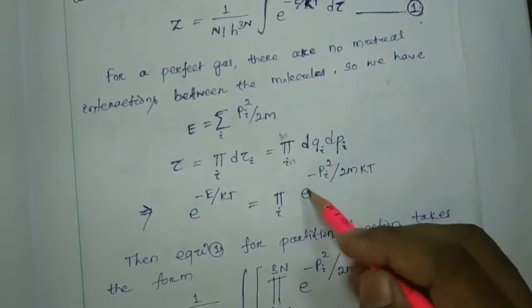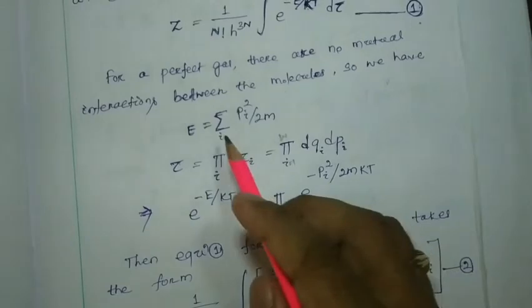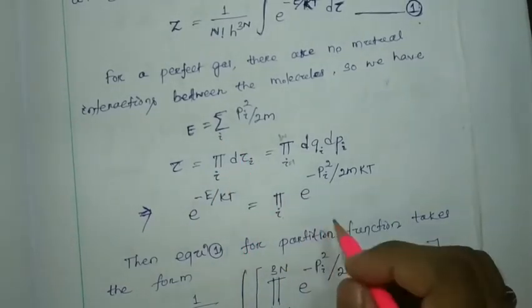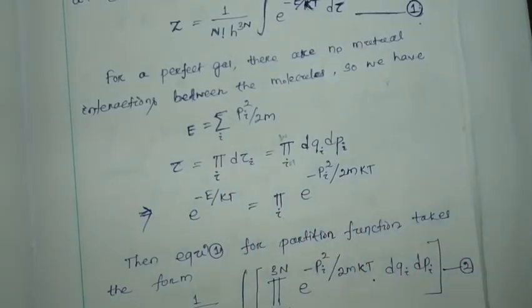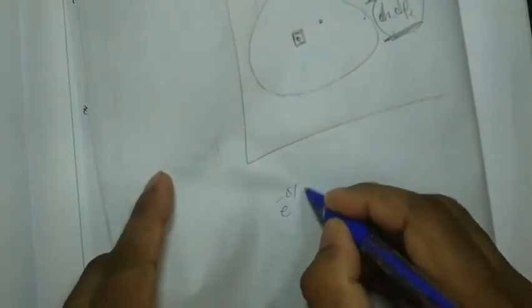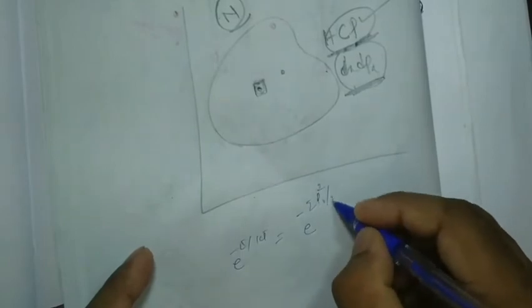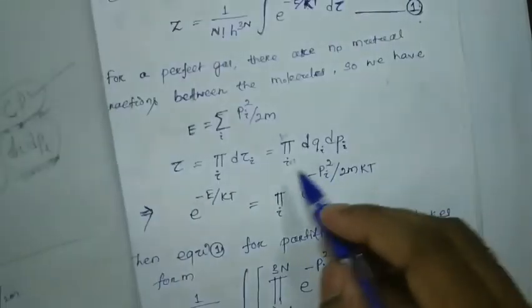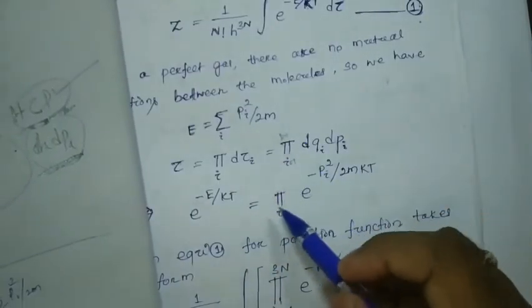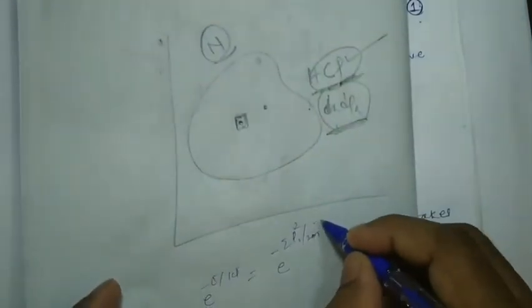Here one step has been omitted, I can show you here. I have to write e to the power minus E by kT, that means instead of E I write the sum of pi square by 2m, divided by kT.